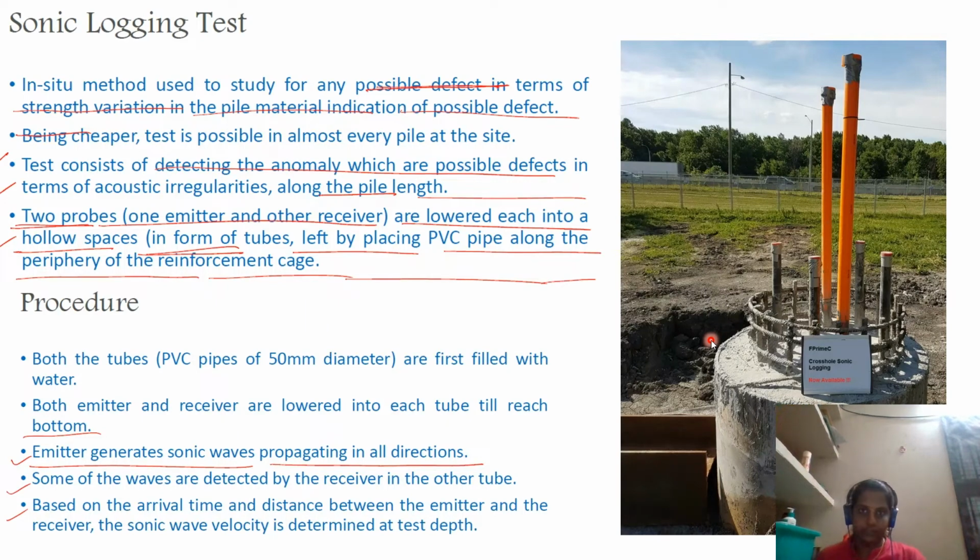So we have two types of test in low strain testing: sonic logging and the pile integrity test. In sonic logging, the main difference is that we have pipes. While casting the pile, we have to insert PVC pipes for our receiver and transmitter. These PVC pipes are inserted into the reinforcement cage, and the concrete is poured around.